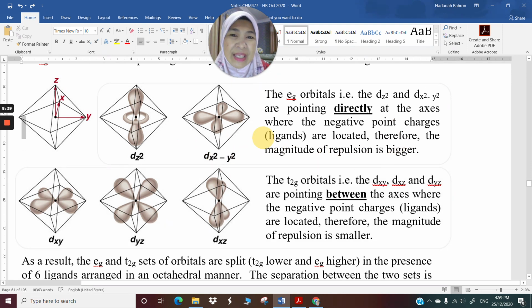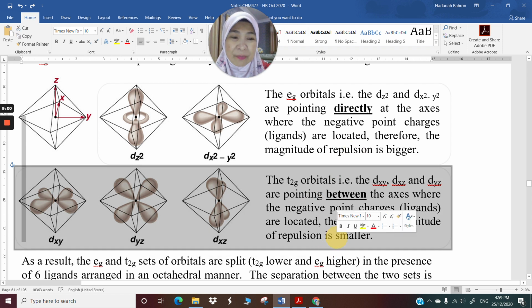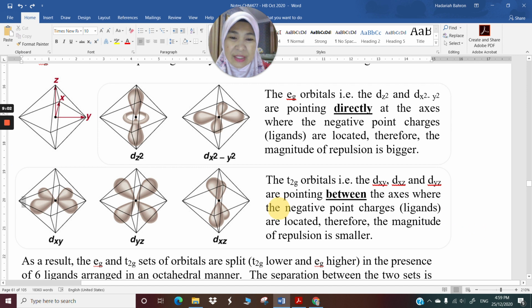And because they are directly located on the lobes or on the axis where the lobes are, these two d orbitals are experiencing a repulsion that is big compared to the 3 down here.